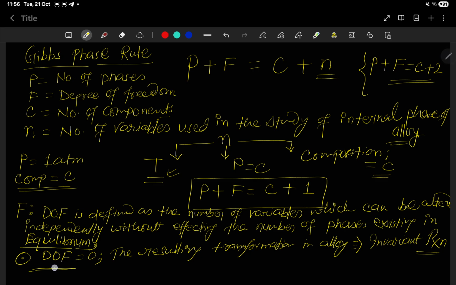If the degree of freedom is 1, then the resulting transformation in the alloy is known as a univariant reaction. If the degree of freedom is 2, the resulting transformation is a bivariant reaction.